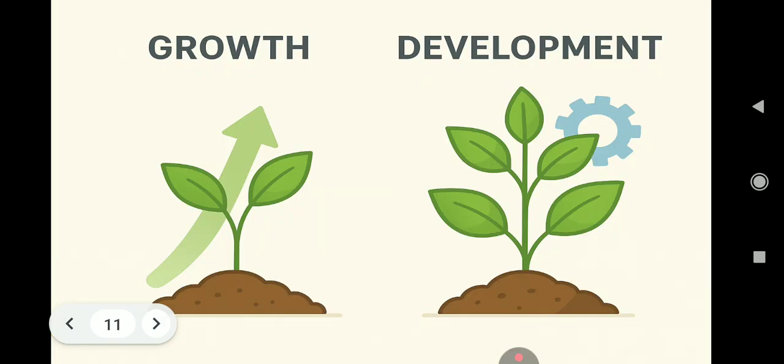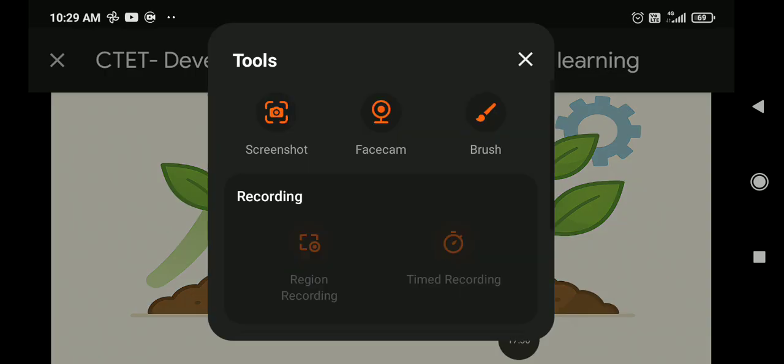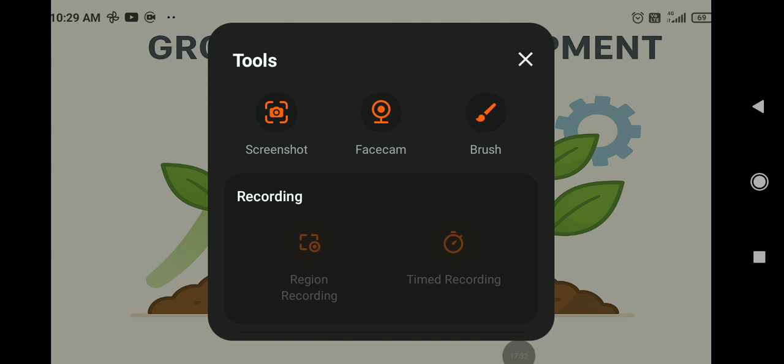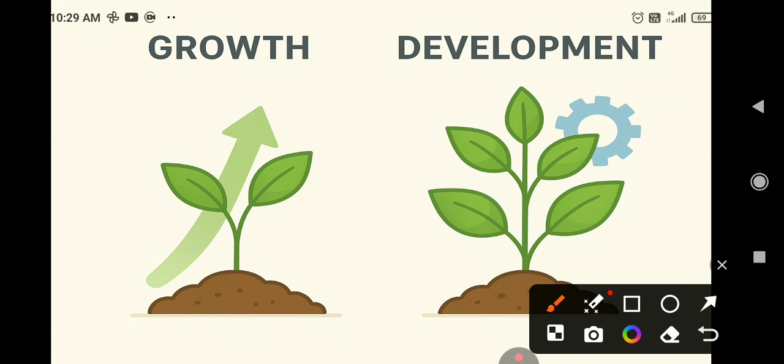So now let's see the differences between growth and development. You can see in this picture, this arrow indicates the growth, the height of the plant.